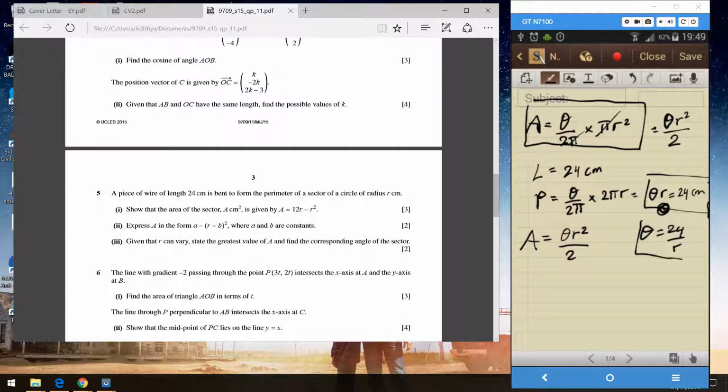And why do we do this? Because the question says we have to show that area is equal to 12r minus r squared, and right now in this equation we have both r and theta as terms, and we don't want that. What we need to do is to input this theta into this equation.